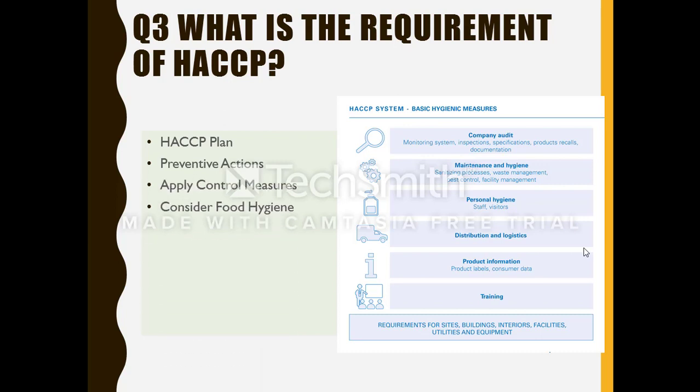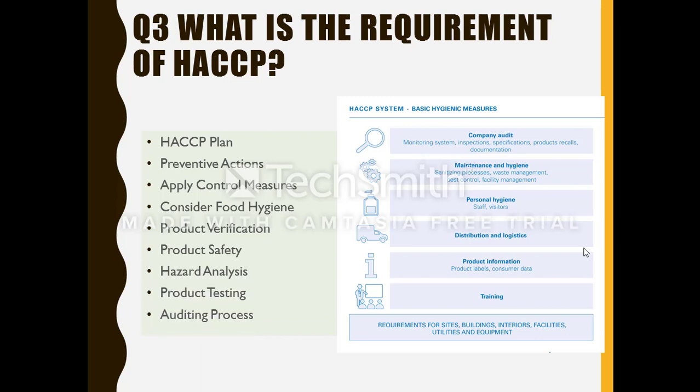We need to consider food hygiene, basically called PRP or prerequisite program. If our prerequisite program is good, then HACCP can be easily implemented. Then the other requirements are product verification, product safety, hazard analysis, product tasting, and auditing process.